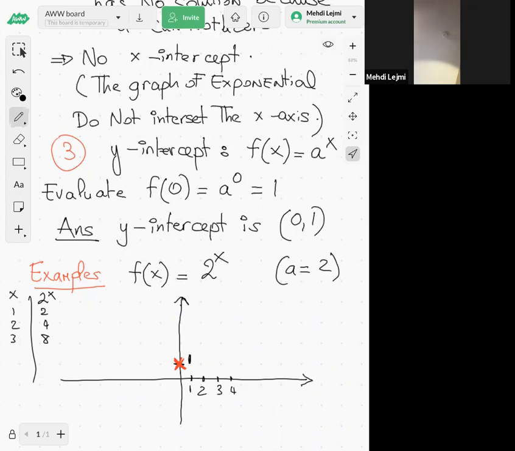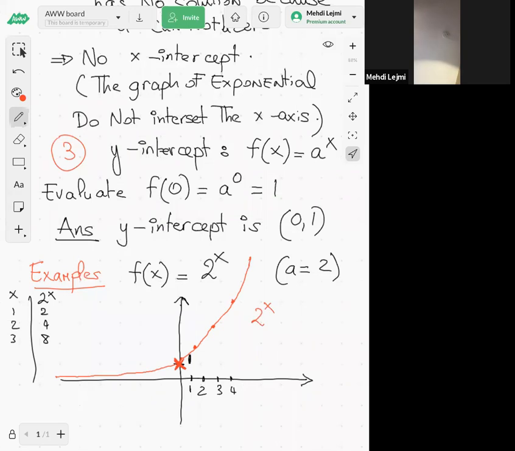So 2 to the power 1 is 2, 2 to the power 2 is 4, 2 to the power 3 is 8. So the function is actually increasing. So the graph of the exponential function 2 to the power x would have this shape, okay?